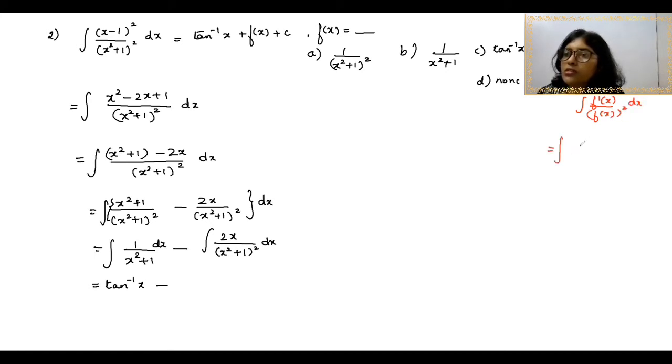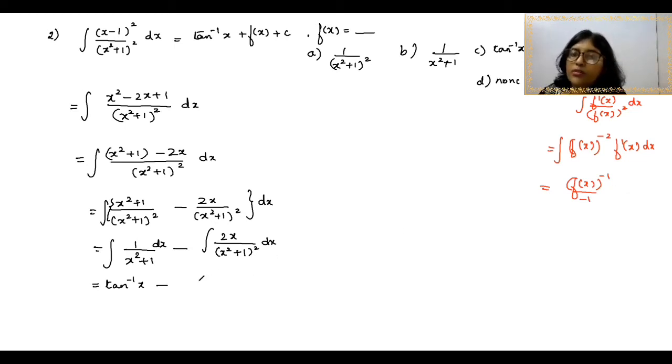This can be written as f(x) the whole raised to minus 2 into f dash x, and that is like x raised to n formula. So it is f(x) raised to minus 2 plus 1 upon minus 2 plus 1, and it's the same thing here. x square plus 1 is the function, its derivative is 2x.